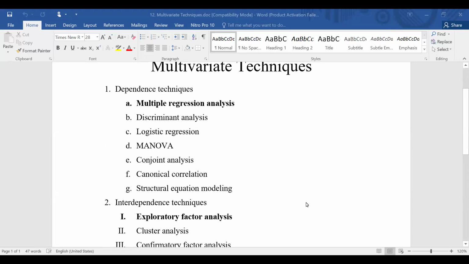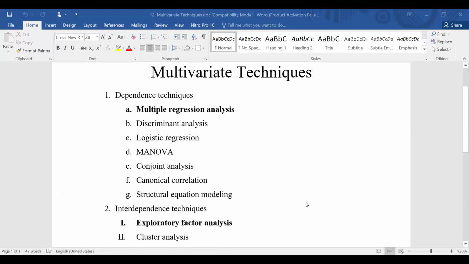So we can analyze our quantitative data through univariate technique, bivariate technique, and multivariate technique.